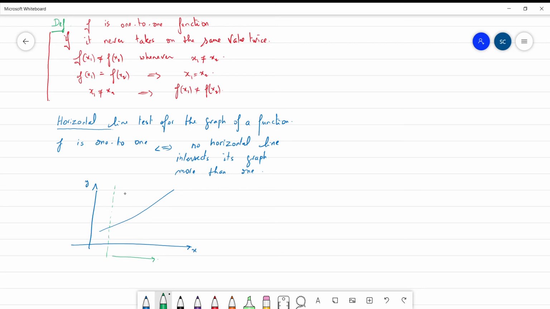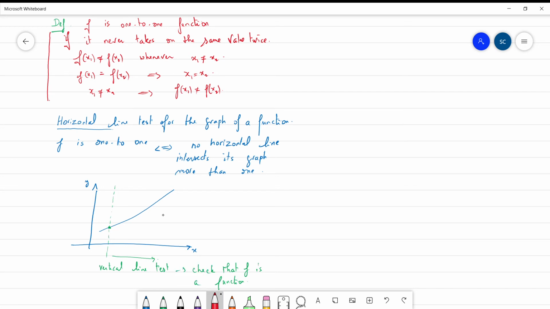Then we check that the intersection each time is only one point. So this is the vertical line test to check that f is a function.